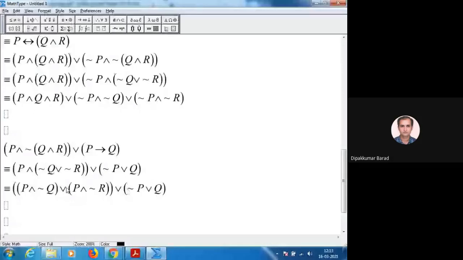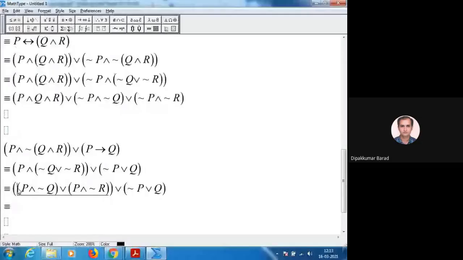So I can remove this bracket, this one. If I distribute with these two, these three are equivalent. So what I do here is, first one is P and not Q, and we now have or.